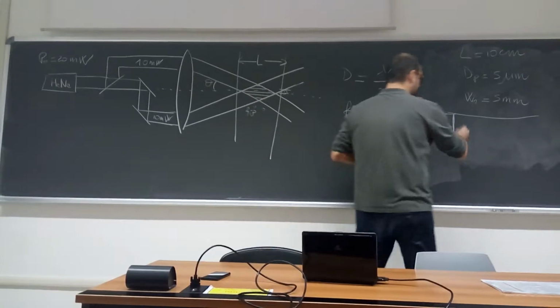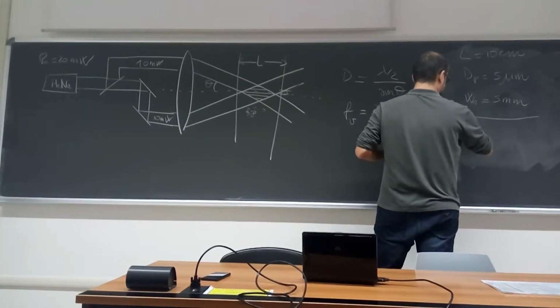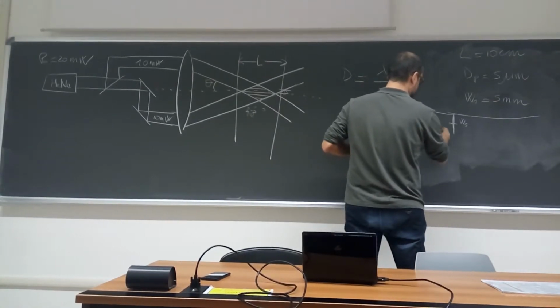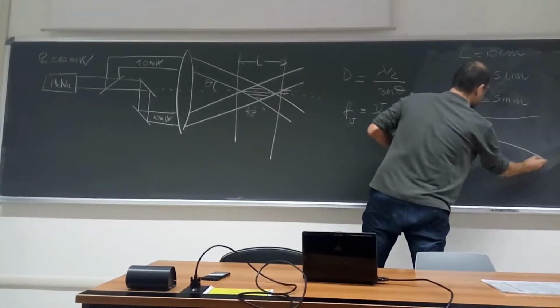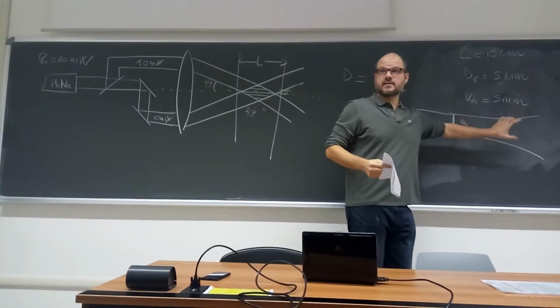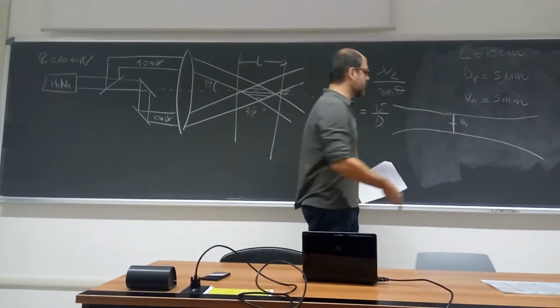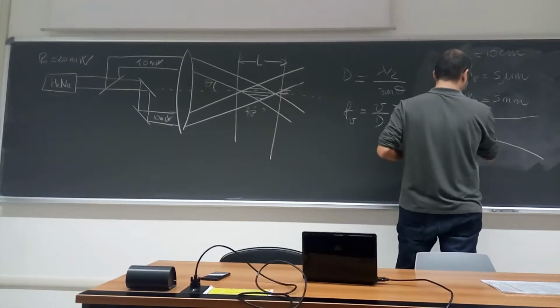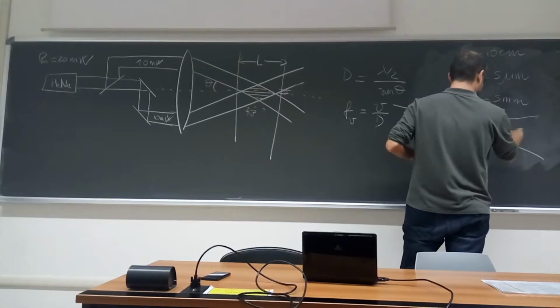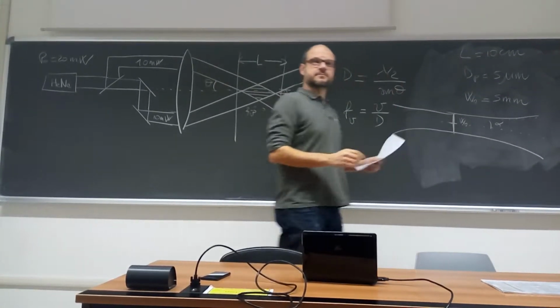So here we have the beam waist, and then the beam, when we move from the beam waist, is larger. The question is, what is this angle? Let's call it alpha.